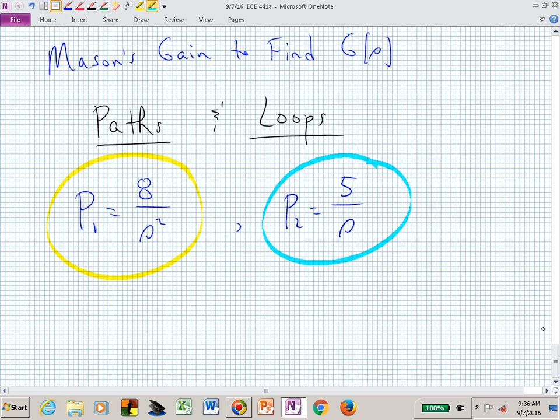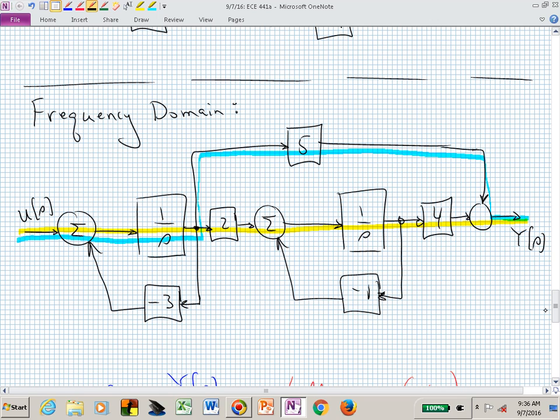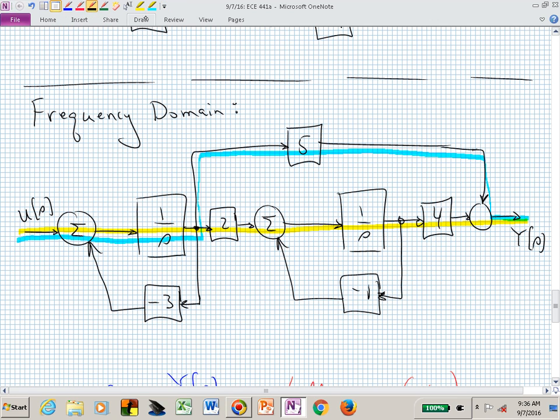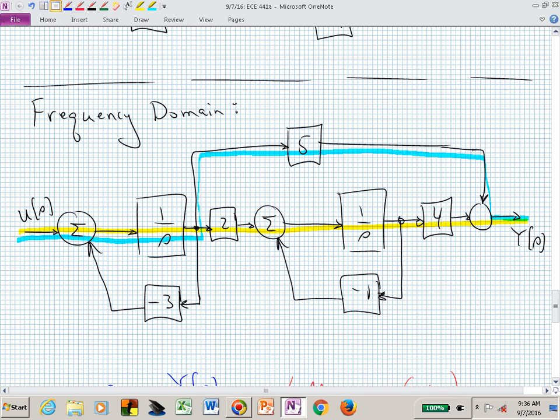Now, those are paths labeled with the P's. We want to now look at loops. So we come back here and we try to find loops in this block diagram, and loops are any continuous path that doesn't cross itself but yet returns to the same point where you started. I'm trying to find a way to do this.